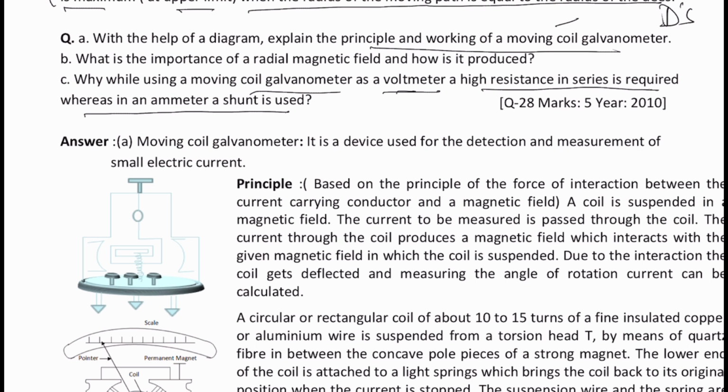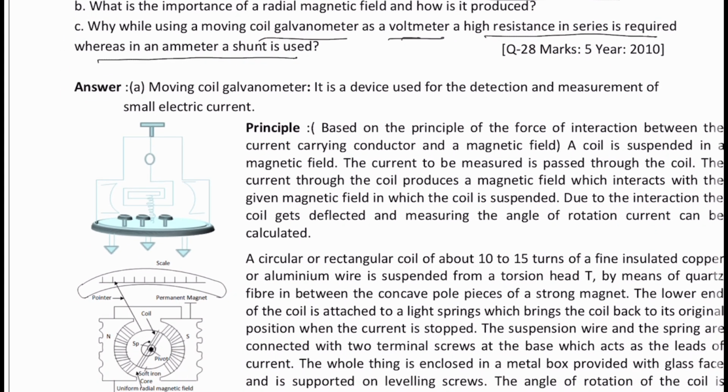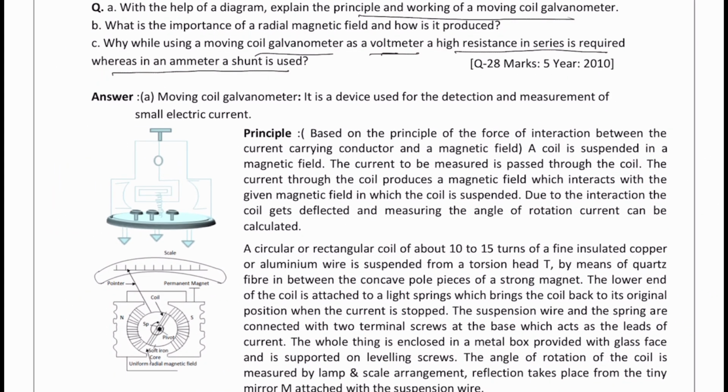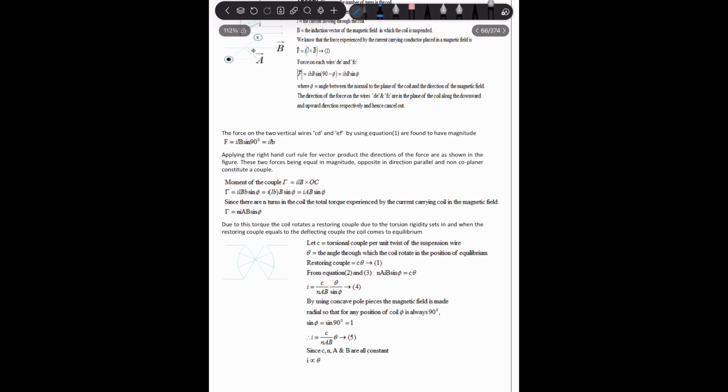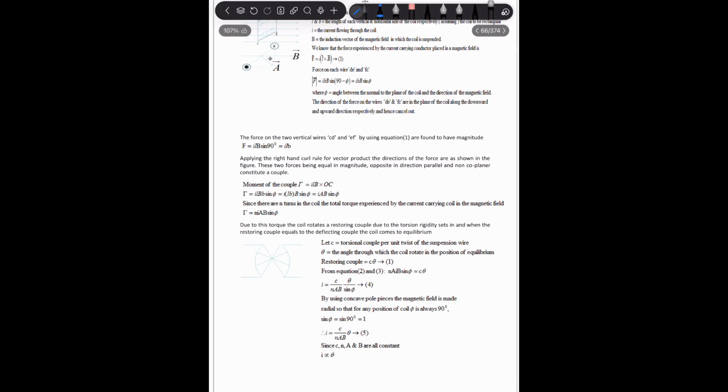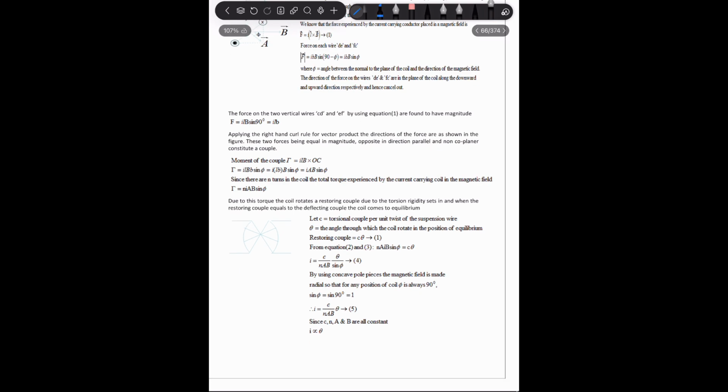Low resistance in parallel means it protects from high current, correct? In the previous question we have explained it. Anyway, you can take the screenshot of it. So this is the complete working of the moving coil galvanometer. We also have a lecture for the moving coil galvanometer, so you can follow that.